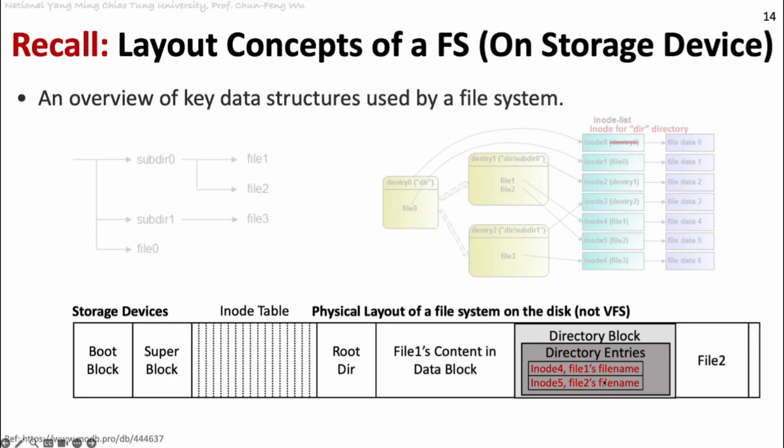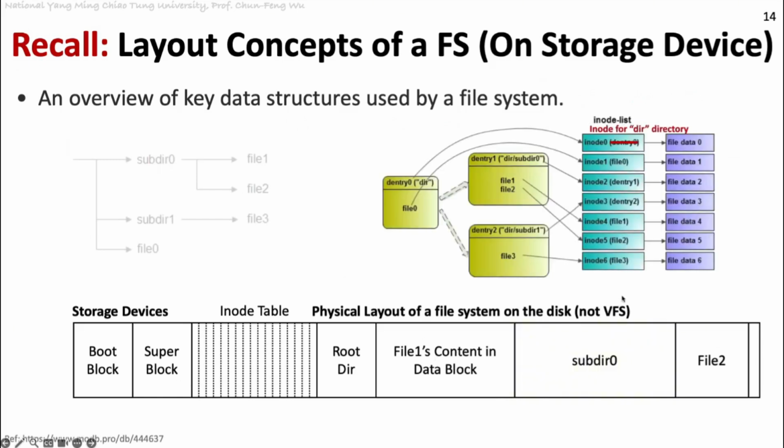If we stored the file name inside the inode, the inode table would be hard to maintain because the inodes would have variable size. So in Linux, the decision is to move the file name into the directory entries. This is about the data blocks and directory blocks.